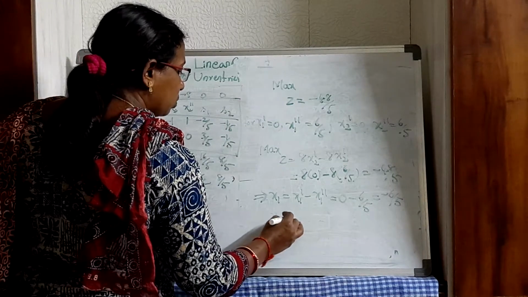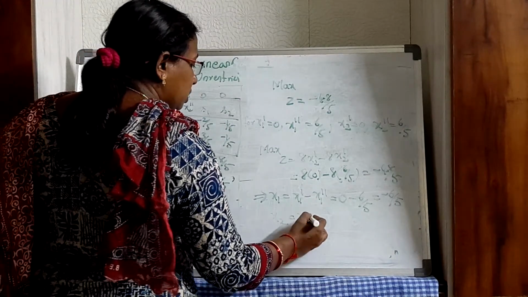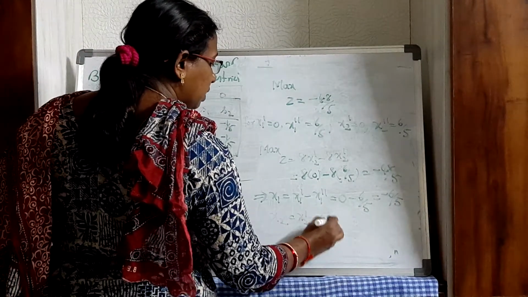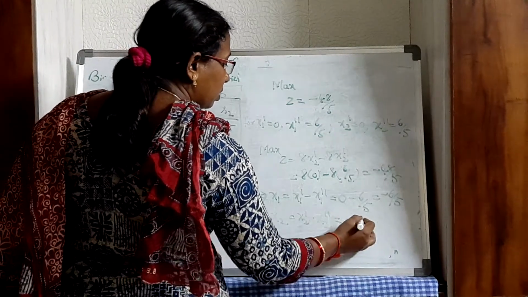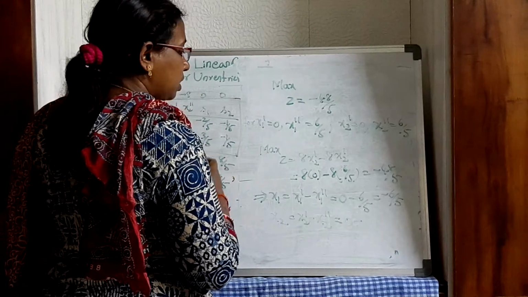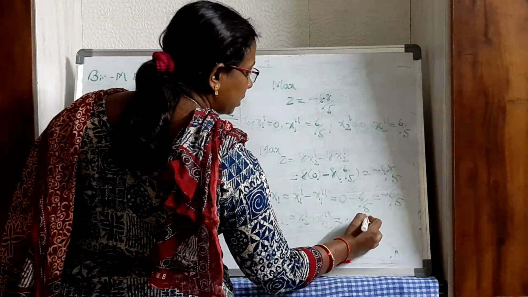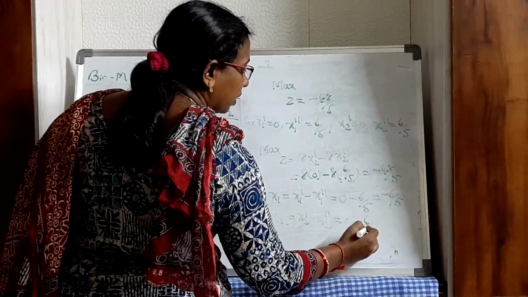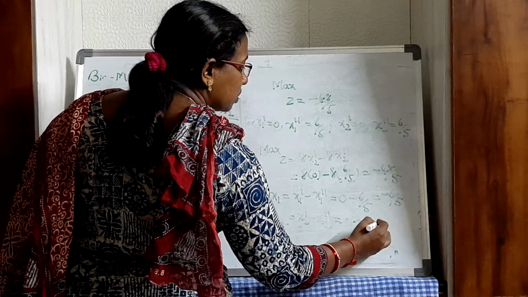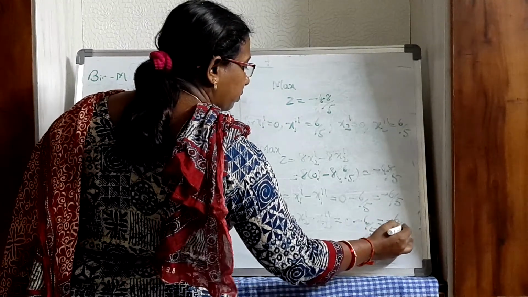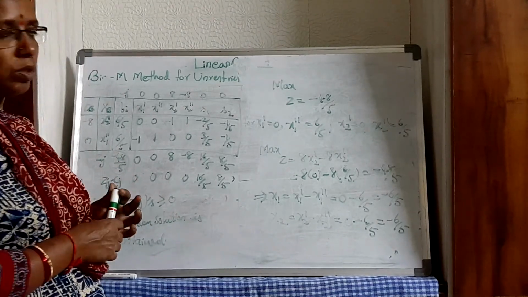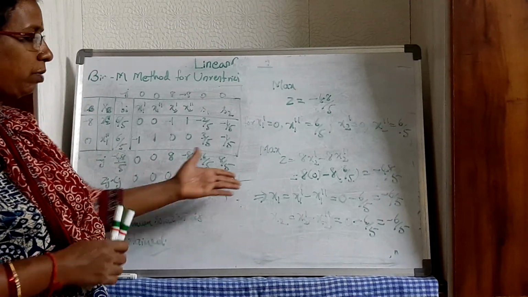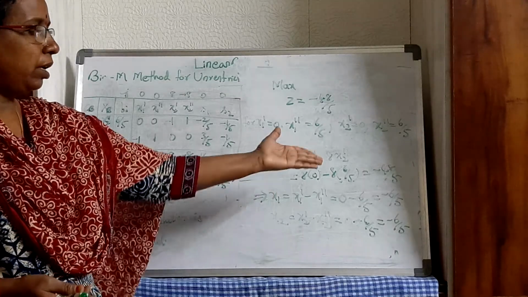Similarly, x2 is equals to x2 dash minus x2 double dash. So here x2 dash is 0 and x2 double dash is 6 by 5. So 0 minus 6 by 5 is equal to minus 6 by 5. Therefore I got x1 equal to minus 6 by 5 and x2 equal to minus 6 by 5. Because they are unrestricted, I am getting negative values.